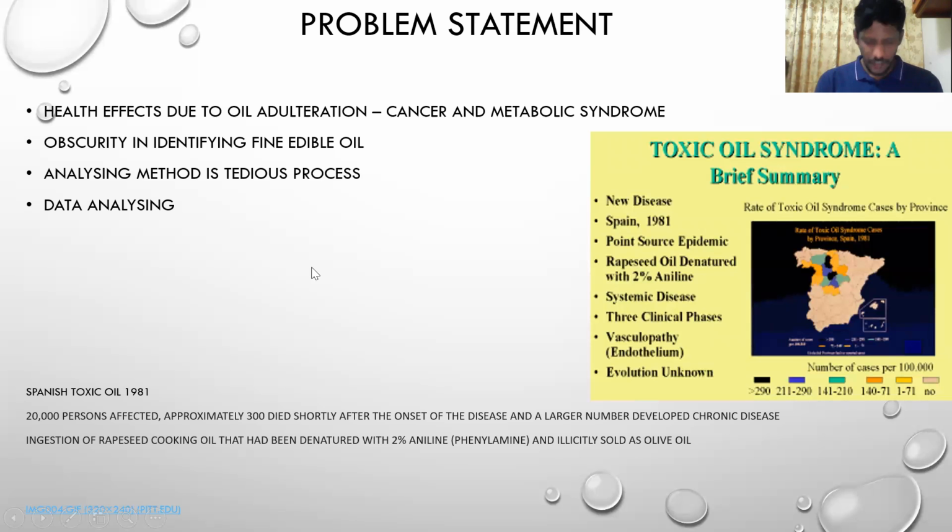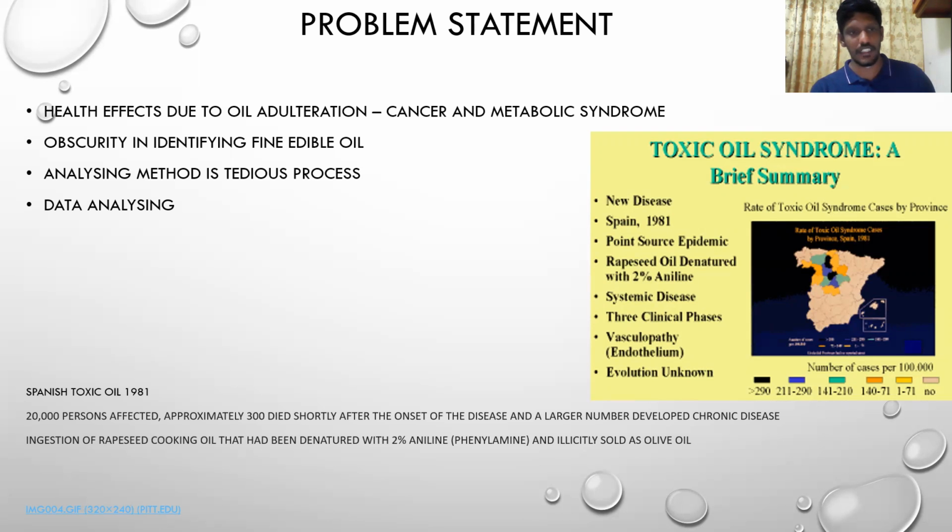So, problem statement. Health effects due to oil adulteration. Prolonged consumption of adulterated oil can cause cancer and metabolic syndrome. Edible oil often becomes impure and unfit for human consumption as a result of adulteration. It has been reported that adulteration of edible oil resulted in severe health issues in some cases.